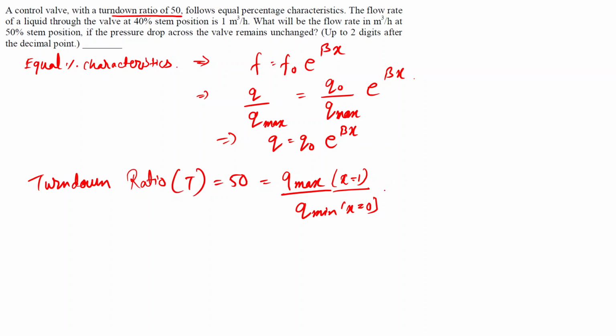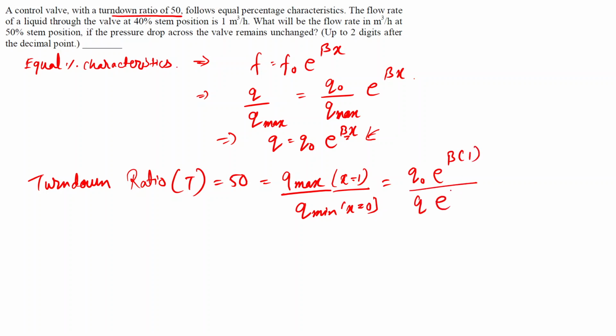So we can replace the value of x in this equation and find the value of the constant beta using that. For finding the maximum flow, let us put x equal to 1 in this equation. So it will become Q naught e raised to beta 1.